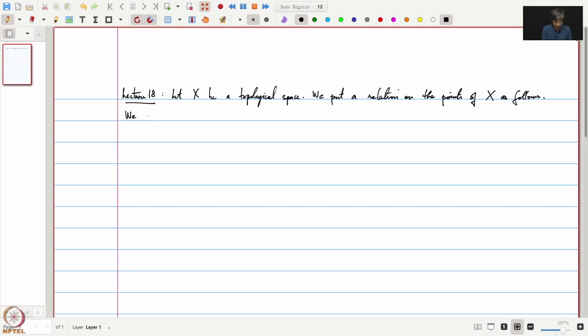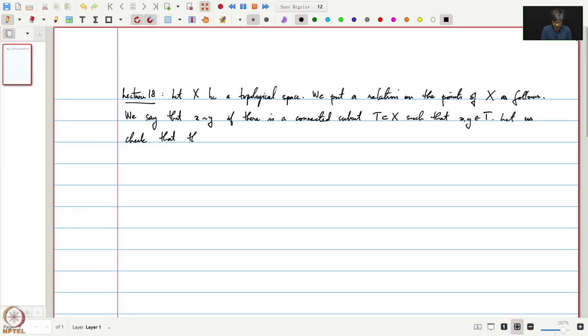We say that x is equivalent to y if there is a connected subset T contained in X such that x, y are in T. So let us check that this defines an equivalence relation on X.